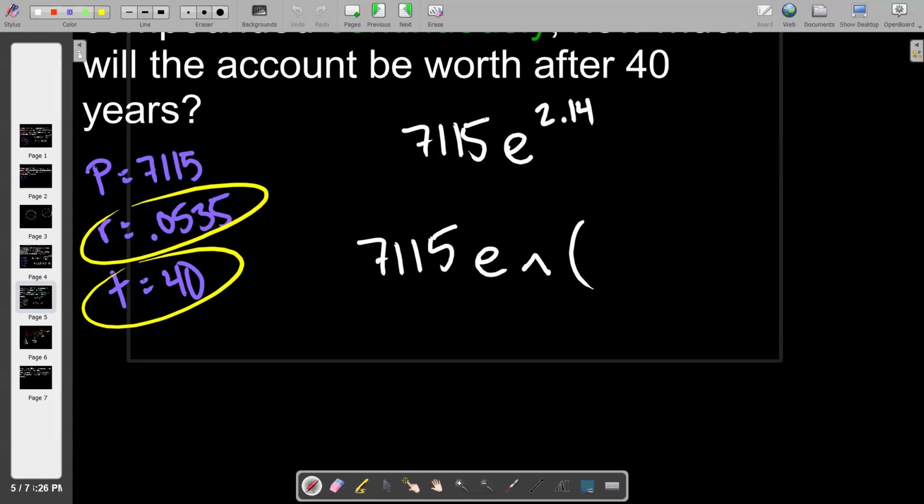Because it knows you want to multiply it to some exponent. So all you have to do is stick in your 2.14 and then just close it off. It's okay. And that's that. So let's do that together and then let's hit enter.